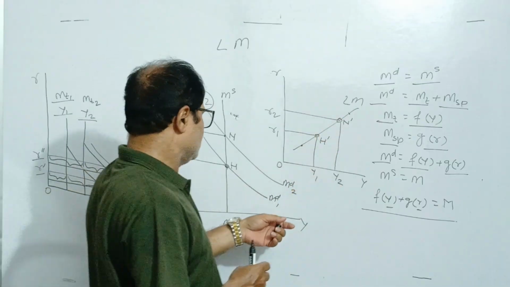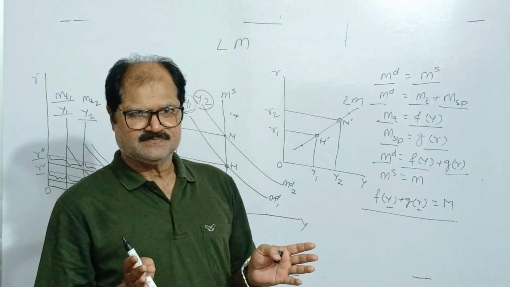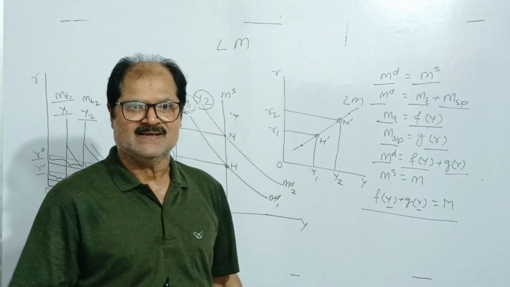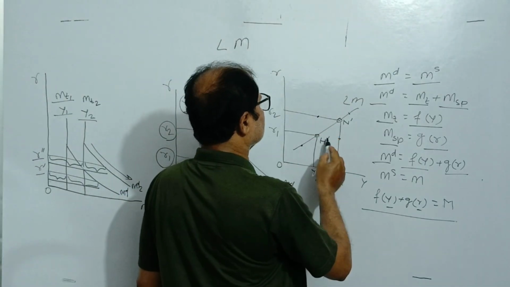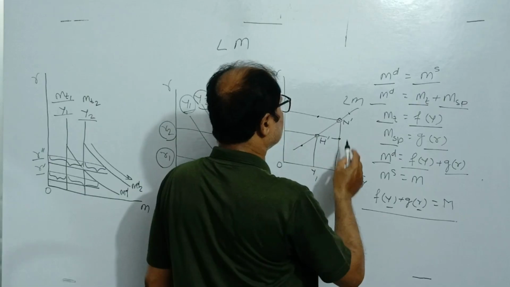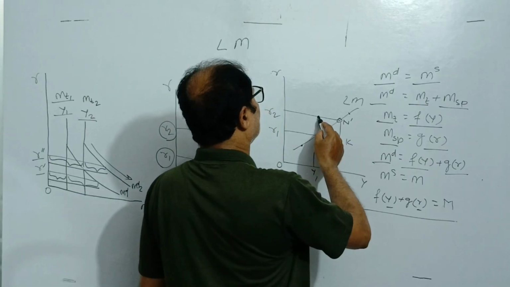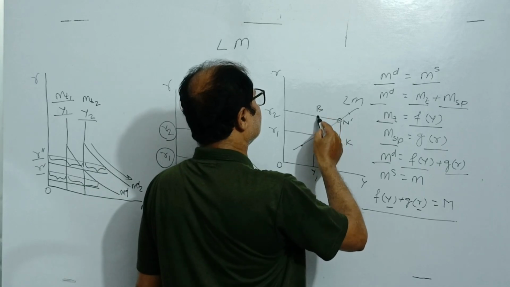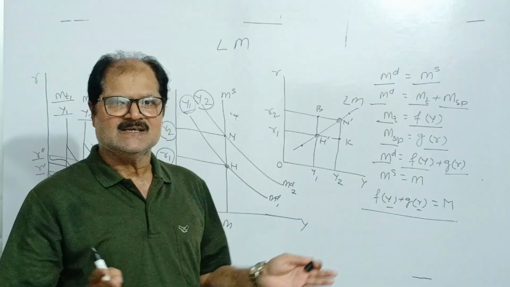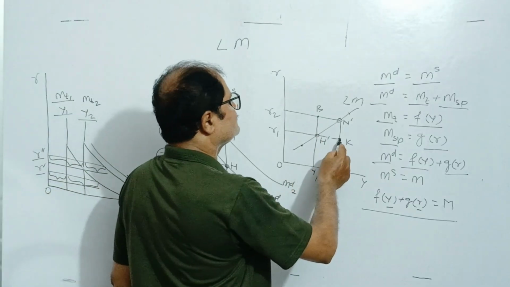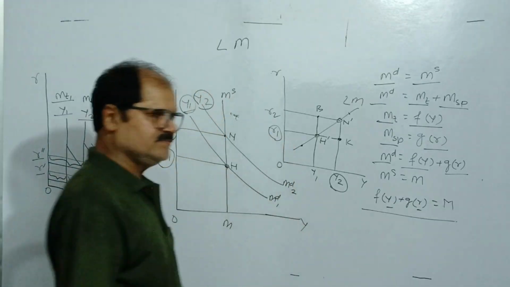Now what happens when we are off the LM curve? अगर हम LM curve पर नहीं हैं तब क्या होगा? Suppose we are at this point, say K, or at this point, this is B. See, at K point income is Y2 and rate of interest is R1.